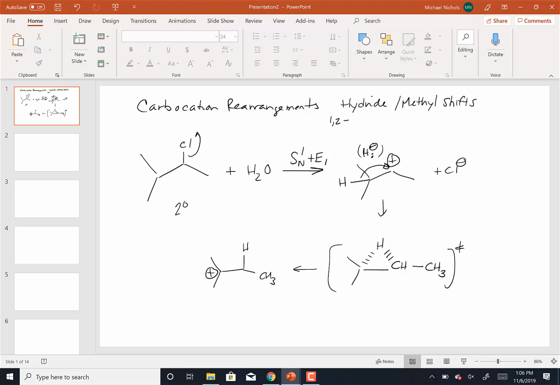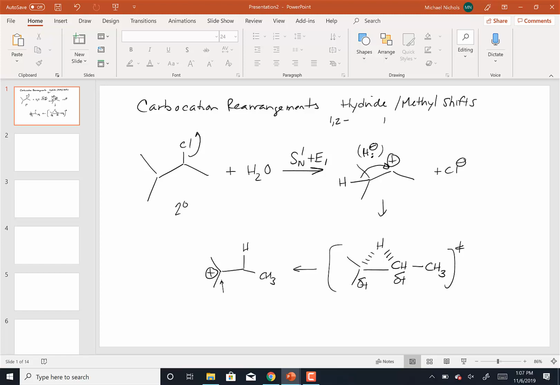The group goes one way, the charge moves the other. So this carbon would be slightly positive and this carbon would be slightly positive. The plus charge is moving from the carbon that was attached to the chlorine, our alpha carbon, to this carbon here, which will become our new alpha carbon if I was to do E1 on this. So it's a 1,2 hydride shift.